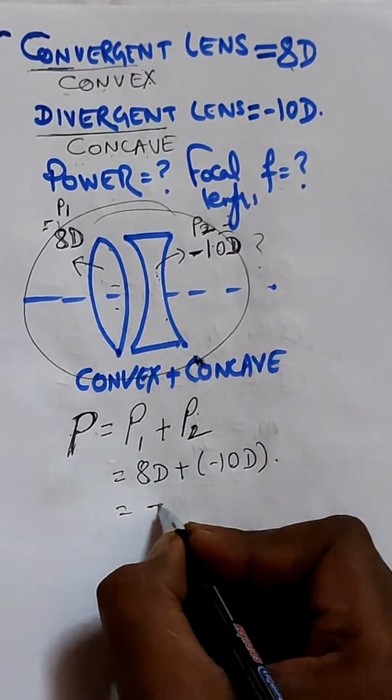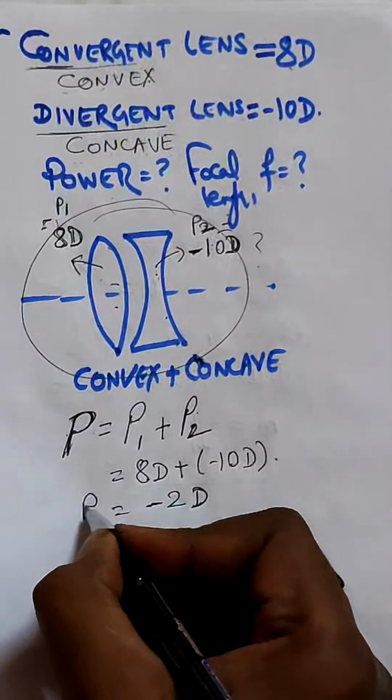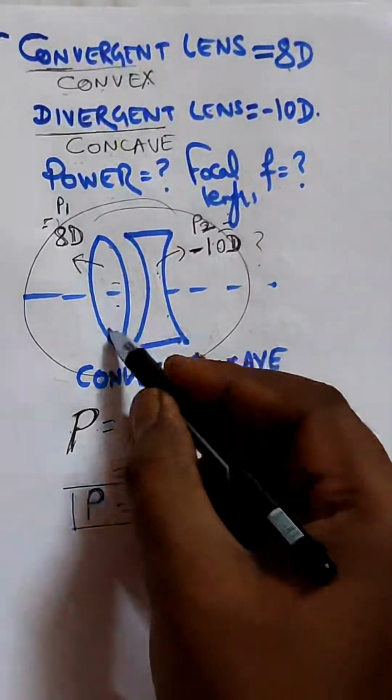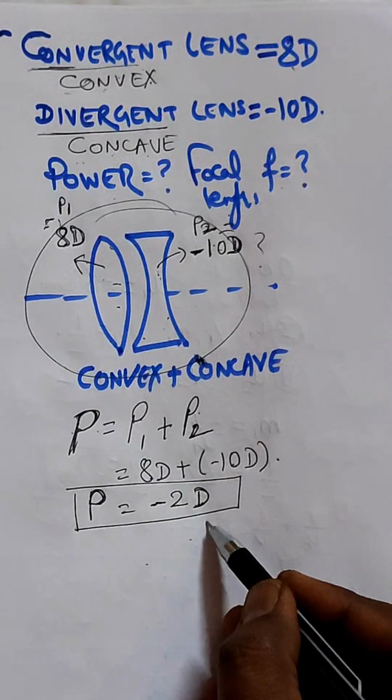So minus 2 diopter is the value of total power. The power of this combination is calculated as minus 2D, right?